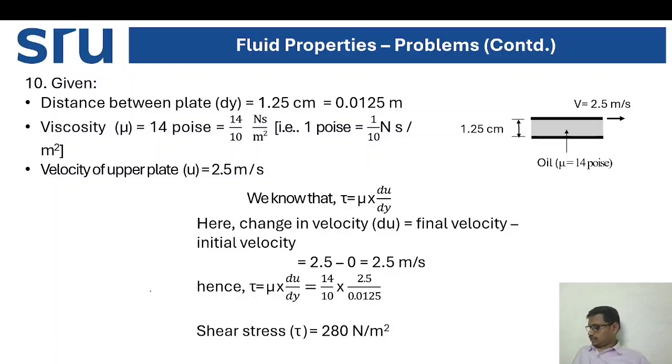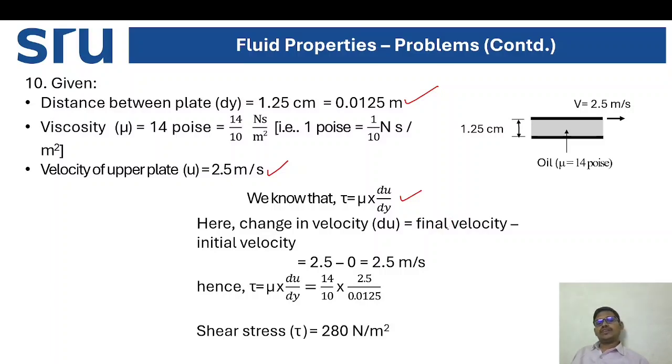Now, it has been shown the distance between the plates, 1.25 centimeters, is equal to 0.0125 meters, and viscosity mu is equal to 14 poise, that is 14 by 10 Newton seconds per meter square. So u is equal to 2.5 meters per second, and we know that tau is equal to mu into du by dy.